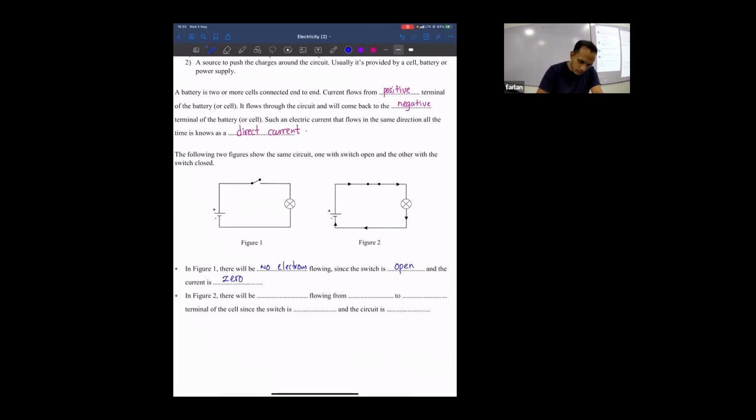I will tell current flowing, so I will write it as current flowing. Listen. Flowing from which terminal to which terminal? Positive to negative terminal of the cell. Positive to negative.